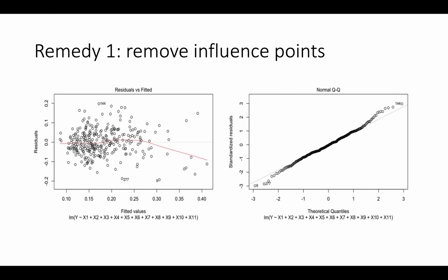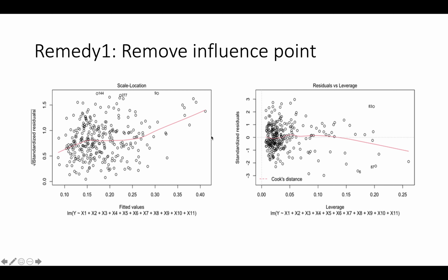And from the QQ plot, we can see that the points follow the straight line, but it could still violate the normal distribution because there still exist some points like 9, 277, and 144. So further tests should be applied to confirm this.